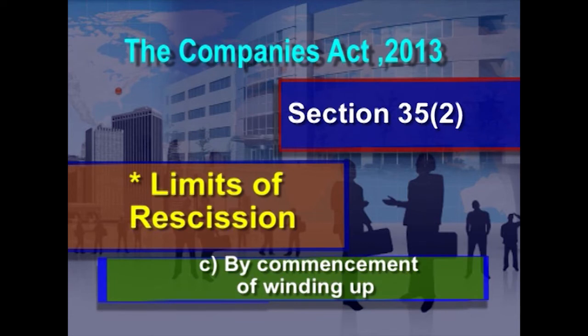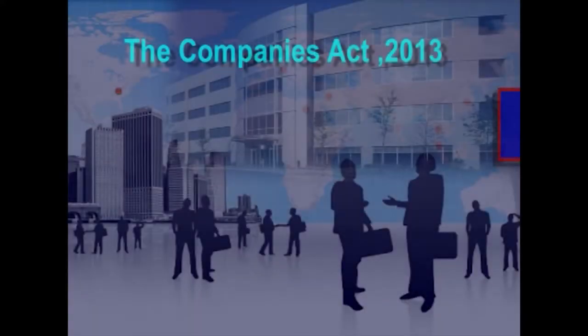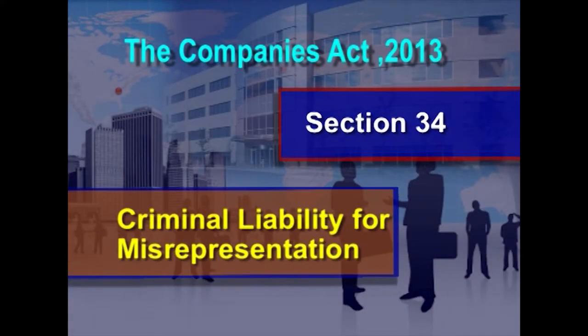C. By commencement of winding up. The right of rescission is lost on the commencement of winding up of the company. Criminal liability for misrepresentation under section 34 of the Act.